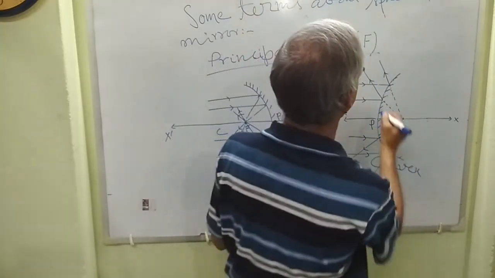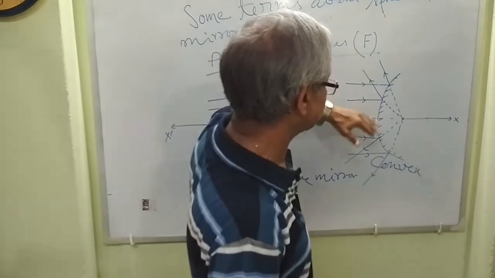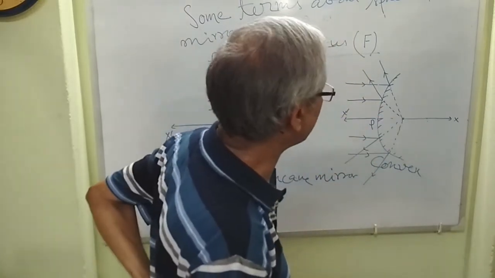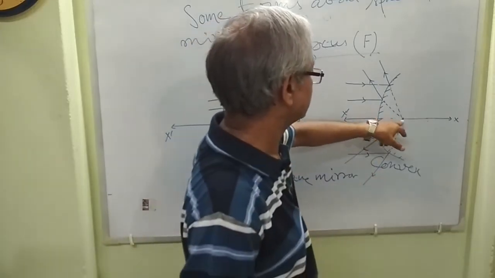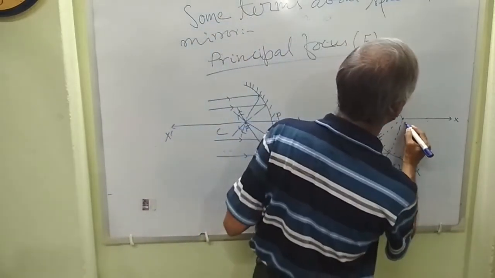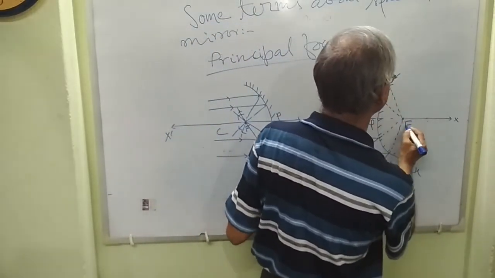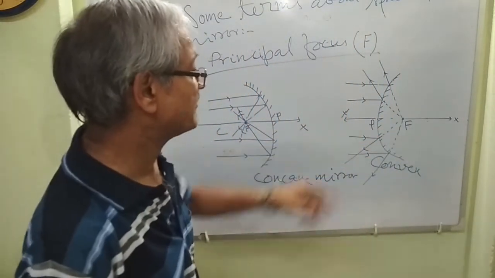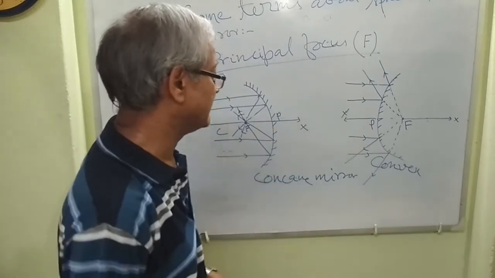If the reflected rays proceed backwards, that is behind the mirror, then they meet at a point on the principal axis. This point is called the principal focus of a convex mirror.